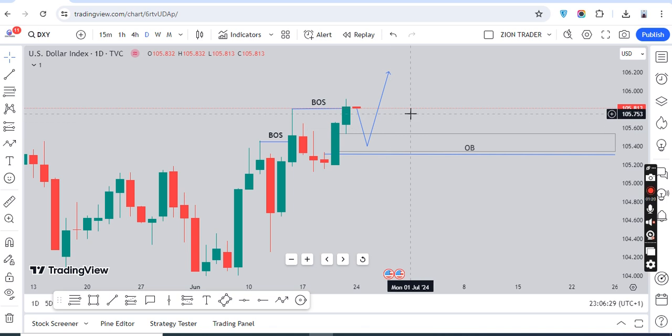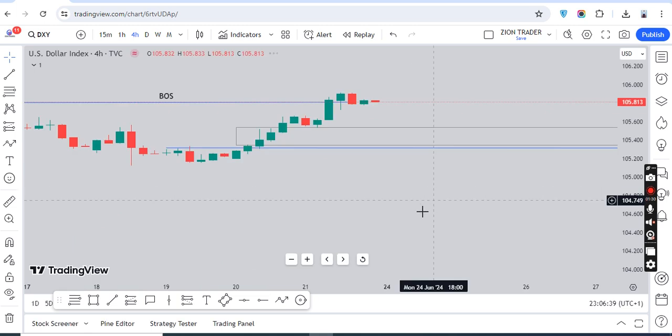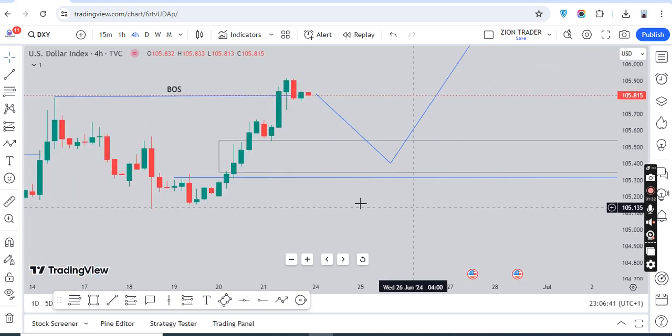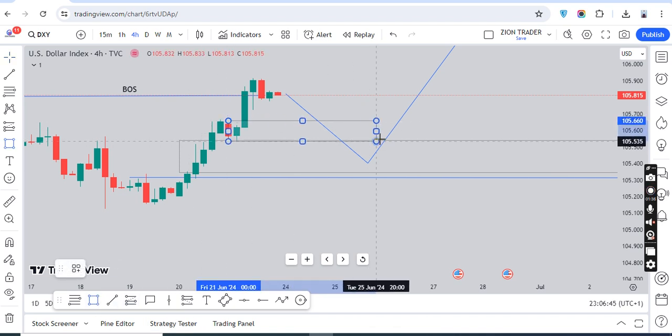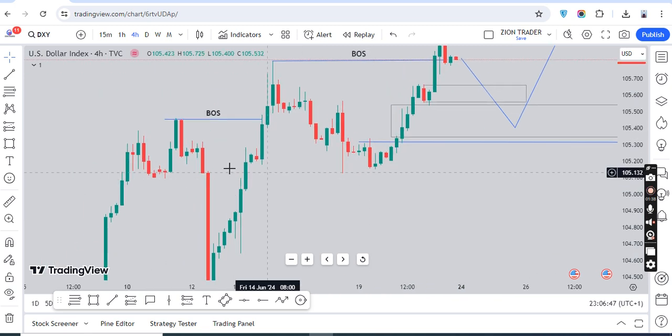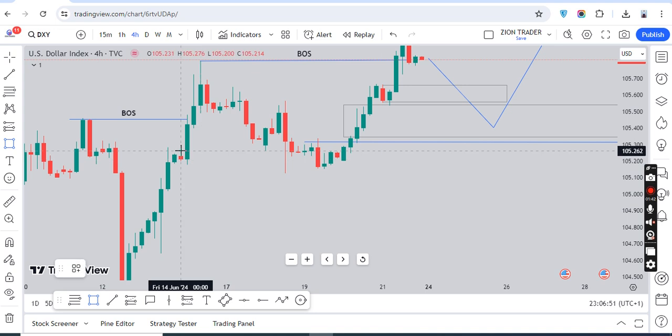All right, but before I take that, I would love to sell at the Asia high, right? So that's it, guys. Let's go to the 4 hour time frame and see. We can see an order block right here, but look, we also had something similar right here, and what price did was sweep it before going away.